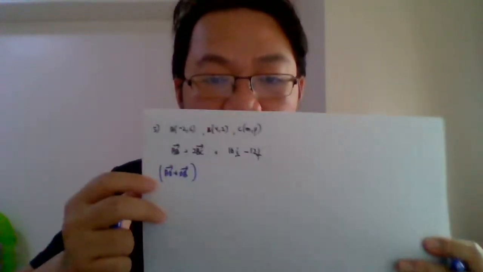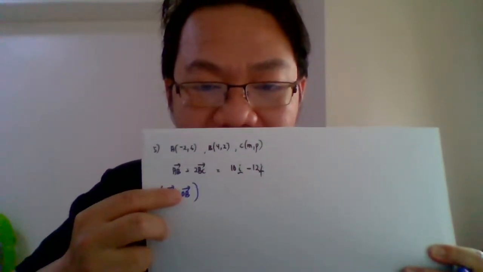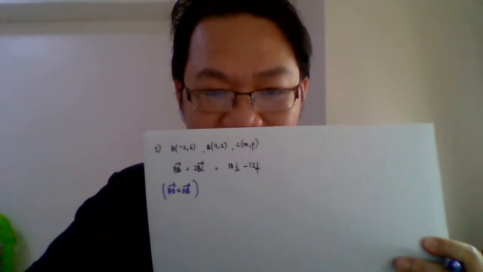First, AB actually equals A something plus something B, so I can write it like this. My AB is AO plus OB, where O is origin. And then BC: BC is BO plus OC.